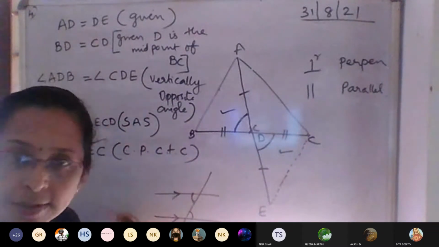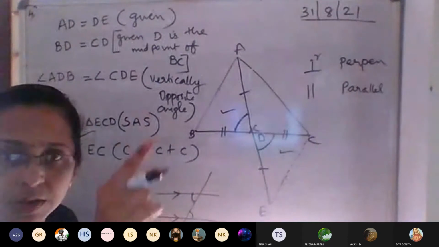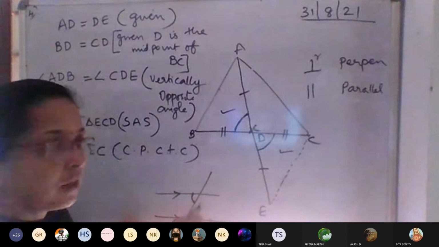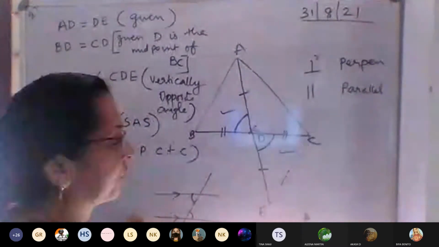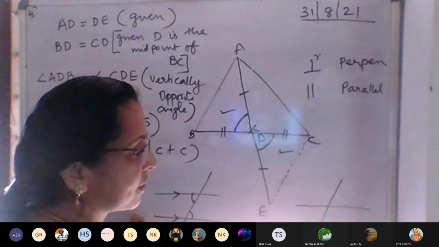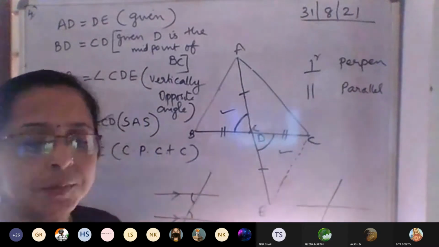So just the opposite of this: we have two lines, and we draw a transversal.